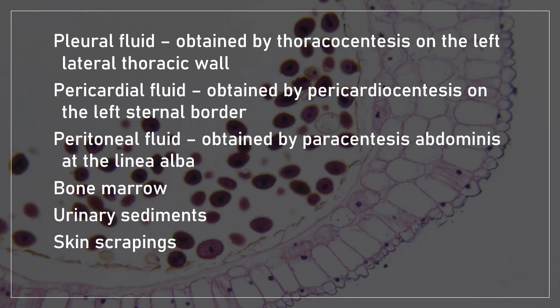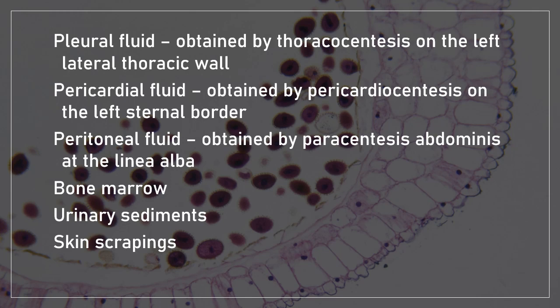For your pleural fluid, this is obtained by thoracentesis on the left lateral thoracic wall. Your pericardial fluid is obtained by pericardiocentesis on your left sternal border. Your pleural fluid is from your pleural cavity, and your pericardial fluid from your pericardial cavity.